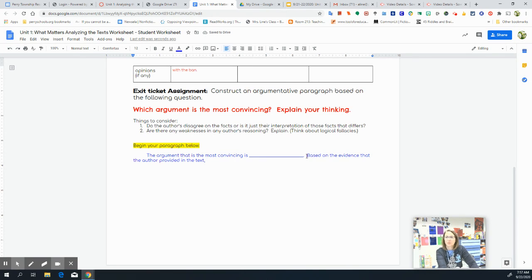So based on the evidence that the author provided in the text, she claims that, and then this is where you'll write the author's claim, okay?